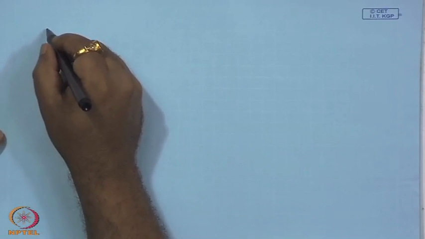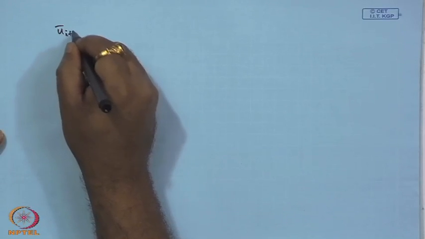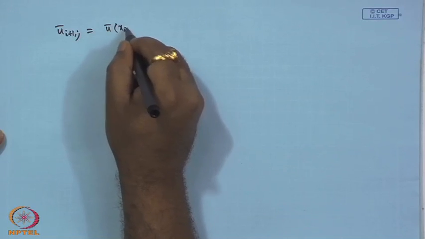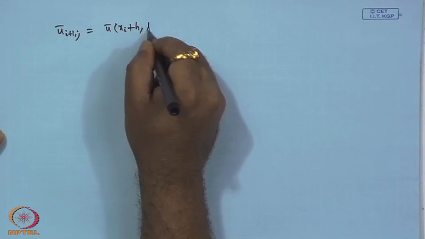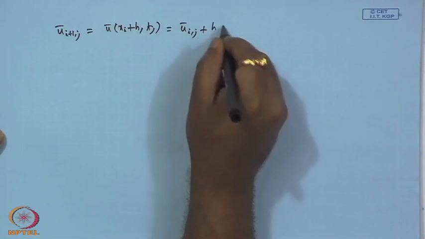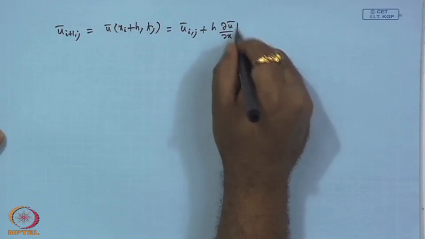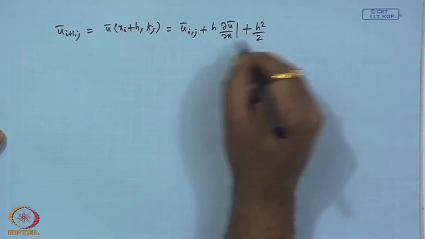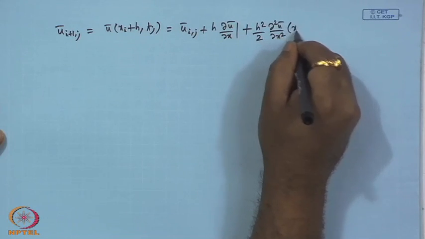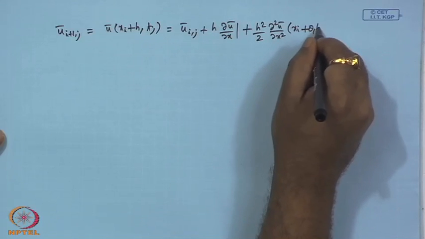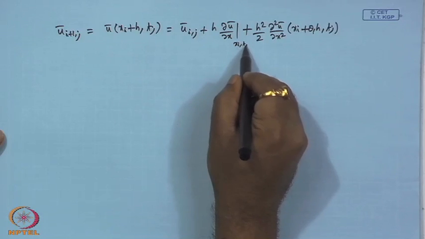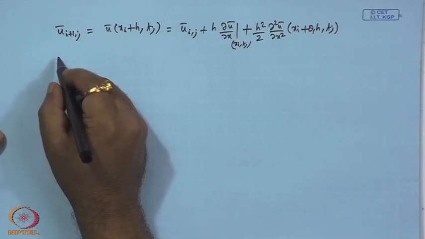Now, using Taylor series, only the first term I am writing. So, this I will put as an error term, evaluated at x_i plus some theta 1 h, at (x_i, t_j).